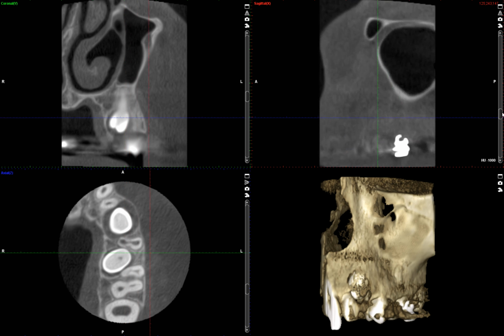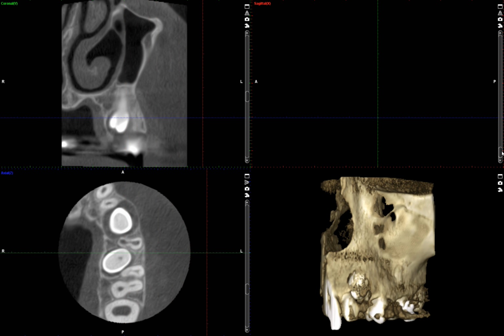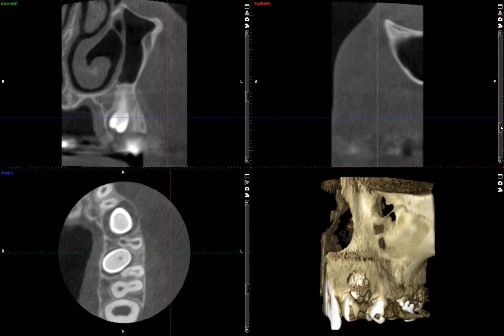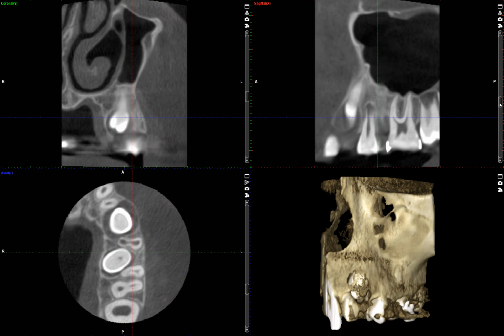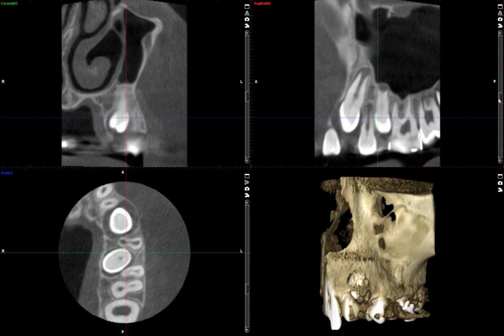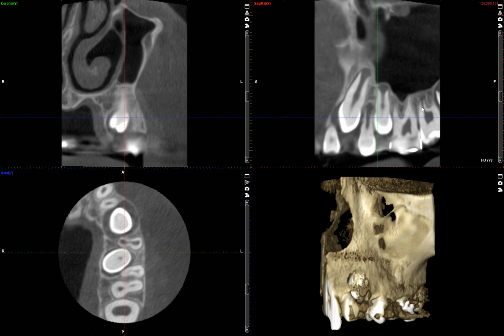Here again, let's start off from the buccal end of the volume and move more medially. We're seeing maxillary sinus and the sagittal view of the arch. Here we have again 11, 12, 13, 14, and 15.